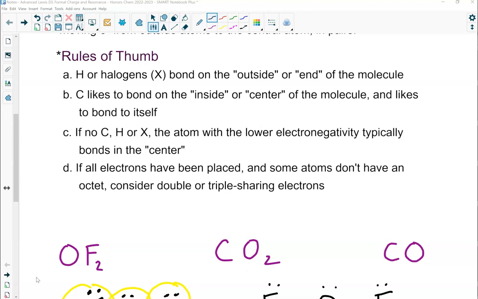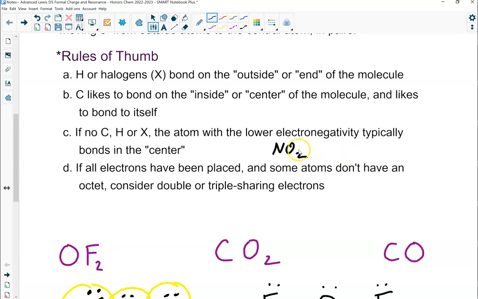Now, what if you don't have carbon or hydrogen or a halogen, but you have something like NO2? That doesn't have a hydrogen, it doesn't have a halogen, and it doesn't have a carbon. What would be the center atom? Typically, the atom with the lower electronegativity would go in the center, and in this case that would be nitrogen.